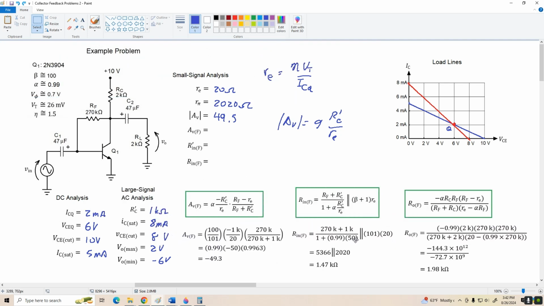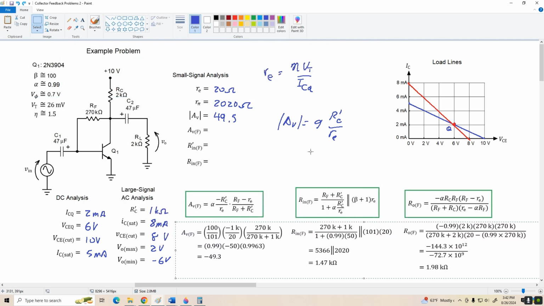And I'll put those right underneath the formulas. And here we go. Our voltage gain with feedback works out to be negative 49.3, only slightly less in magnitude than the open loop voltage gain. So that's negative 49.3. It's hardly worth working out the difference.